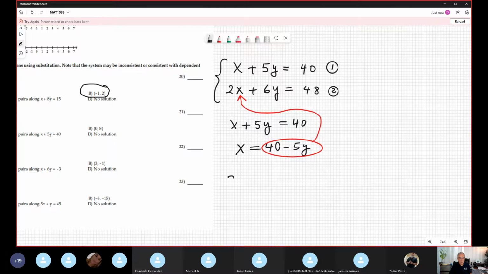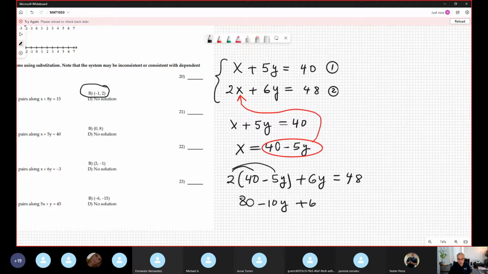So we have 2 parentheses 40 minus 5y plus 6y equal 48. Everyone follow me or no? Yes. Now distributive: 80 minus 10y plus 6y equal 48.